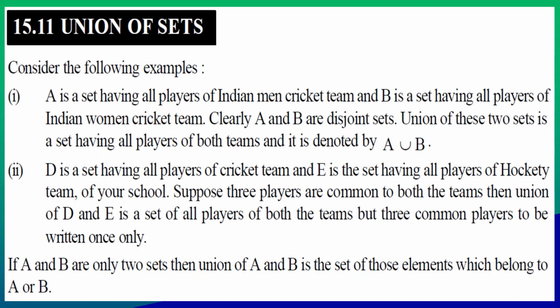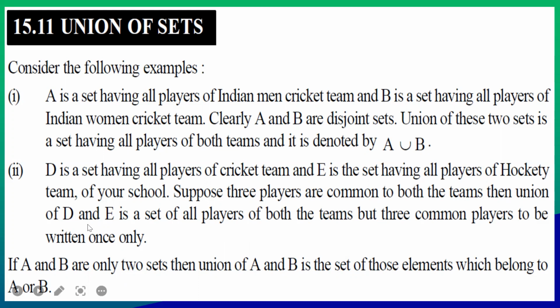Union of these two sets is a set having all players of both teams and is denoted by A union B. So D is a set having all players of cricket team, and E is the set having all players of hockey team of your school. Suppose 3 players are common to both the teams, then union of D and E is a set of players of both the teams but 3 common players to be written once only.